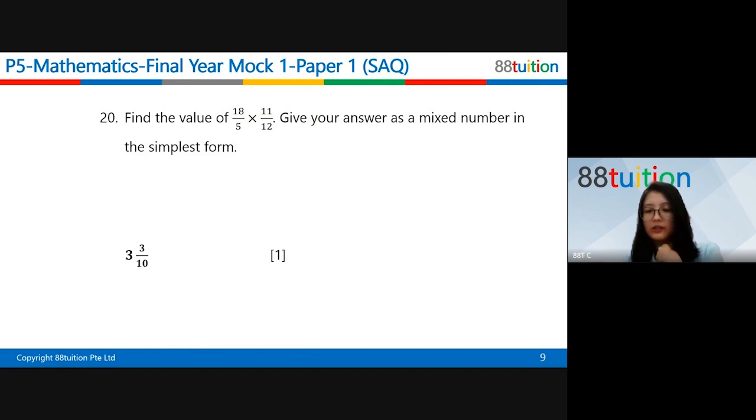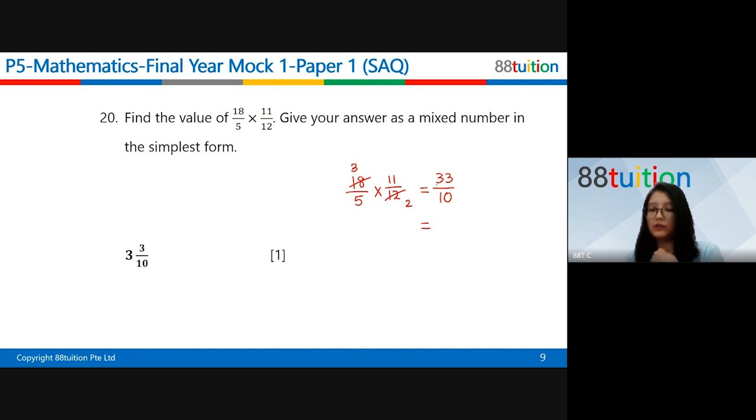Find the value of this. Give your answer as a mixed number in the simplest form. So, if you do it without a calculator, you always do the cross reduction first. So both can divide by 6. Then top times top, bottom times bottom, and we'll get this.